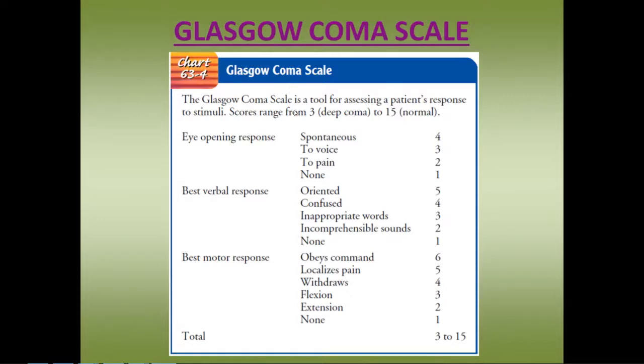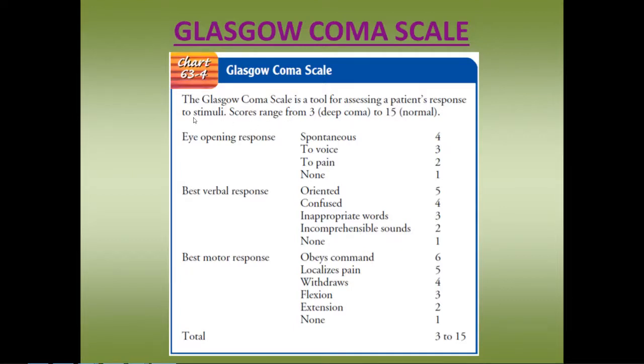Now let's continue with the eye-opening response. The first thing that we check is the eye-opening response of the patient. If the patient's eyes open spontaneously, meaning we do not need any stimuli for their eyes to open, you give a score of 4, with 4 being the highest and 1 being the lowest.